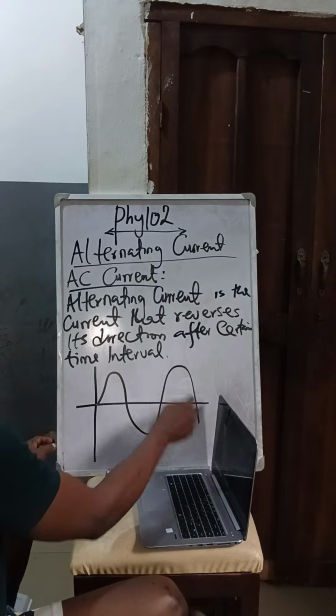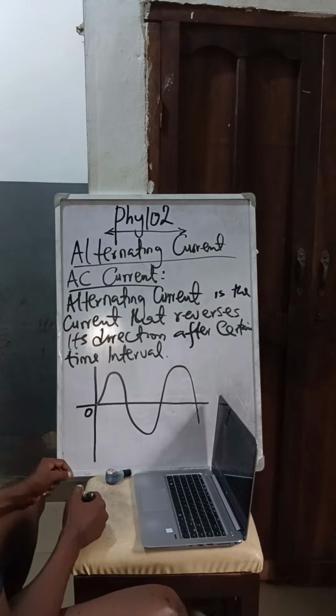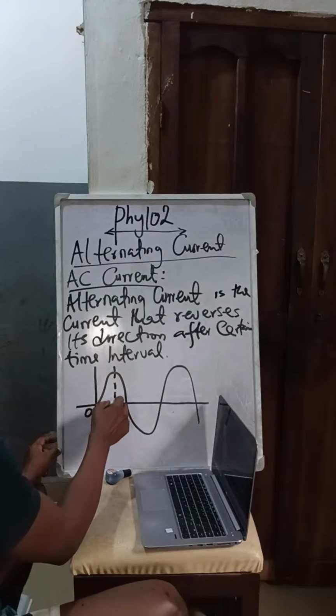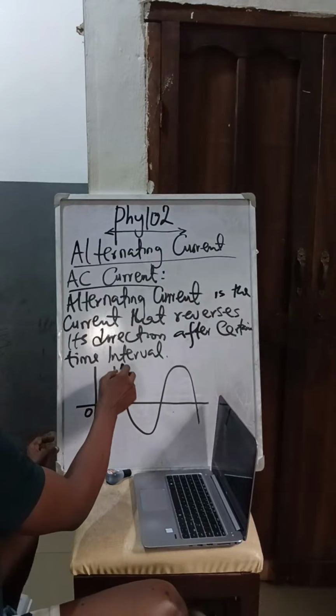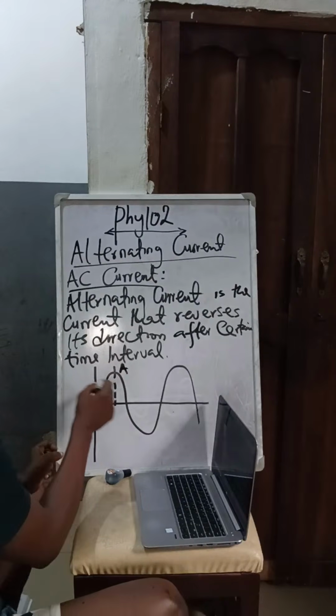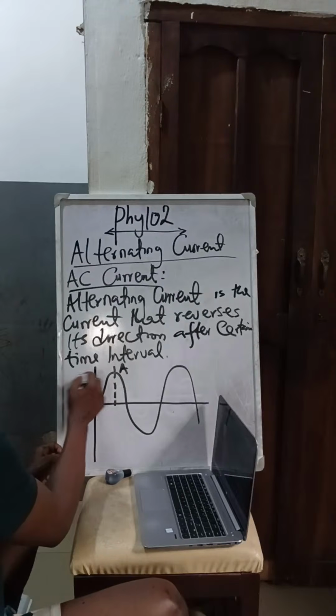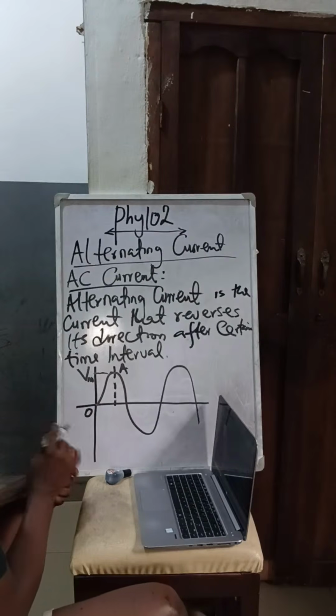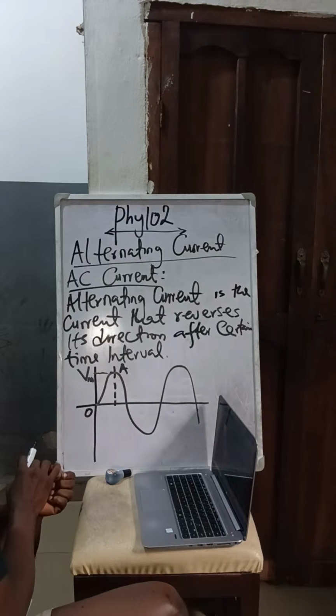This is the origin. And from here is the amplitude. Considering this to be voltage waveform or current waveform, here is peak current or peak voltage. Okay, that is the amplitude, either peak current or peak voltage.